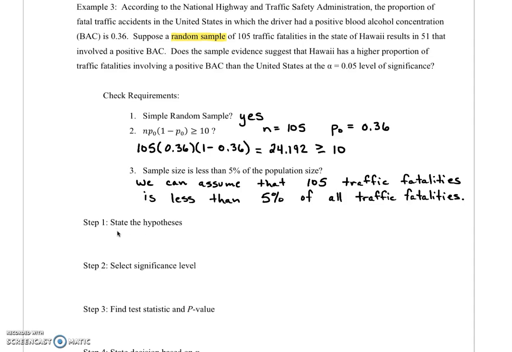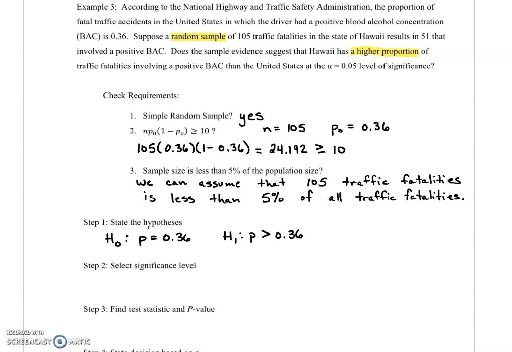So now we're down to stating our hypotheses. So the null hypothesis is the proportion equals 0.36, and our alternate is that the proportion is greater than 0.36 because it asks if the sample evidence suggests that Hawaii has a higher proportion.